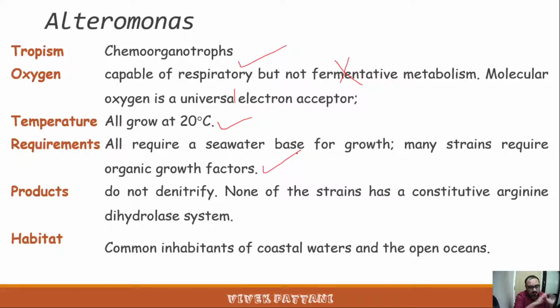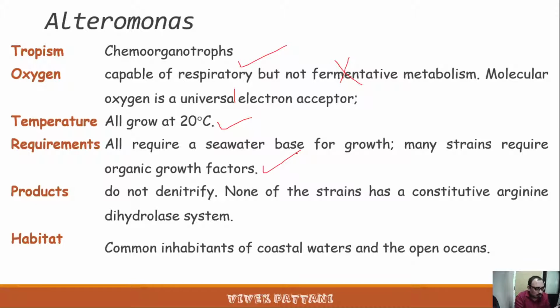But as far as we consider the whole nitrogen system, this reaction is a main part of the nitrogen cycle. None of the strains has a constitutive arginine dihydrolase system. These are the characters by which Alteromonas can be differentiated from other bacteria of this group.